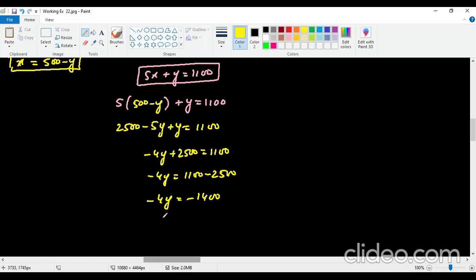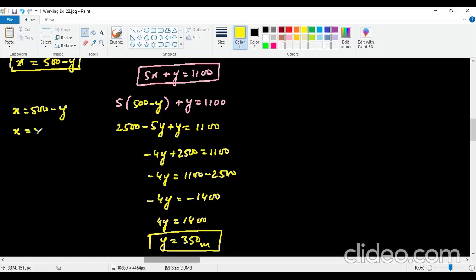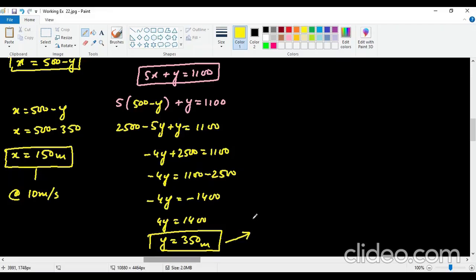So 4y equals 1400. And when divided by 4, it's going to give us 350 meters distance. I know very well x is equal to 500 minus y. I will substitute the value of y in this equation, which is 350. So when subtracted, it's going to become 150 meters. So this is the distance that is covered at the speed of 10 meters per second, and this is the distance covered using 50 meters per second speed.